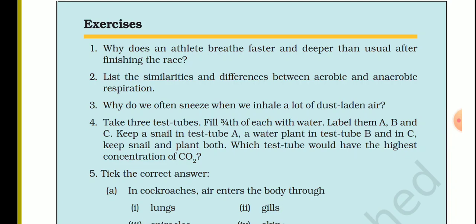test tube A has a snail, which expels out the carbon dioxide.